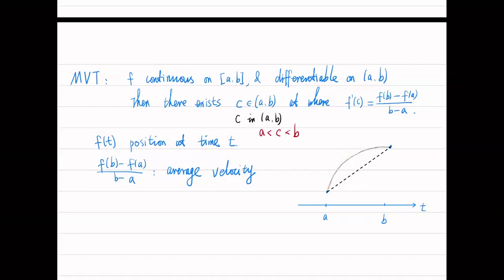Now, if I move, let's pick this point. What's the slope of this point? If we compare this slope with the mean slope, that's the key point. Over here it's bigger, over here it's smaller. How do we find a point where it's equal?